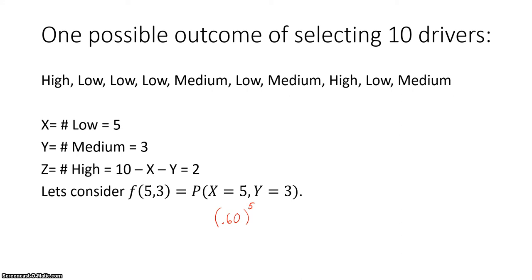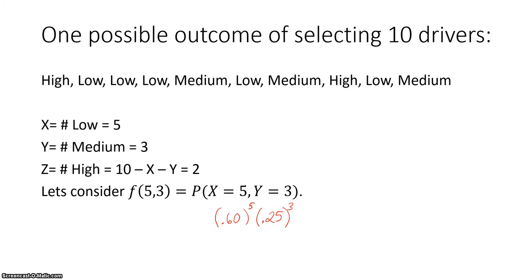We are also going to have, in the whole pool, 25% medium-risk drivers. So 0.25 is the probability that each individual driver chosen would be medium risk. That happened 3 times, so we'll write that to the third power.